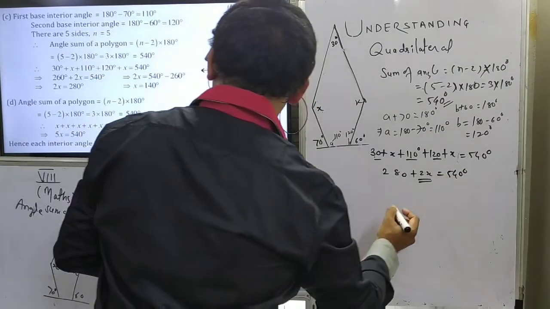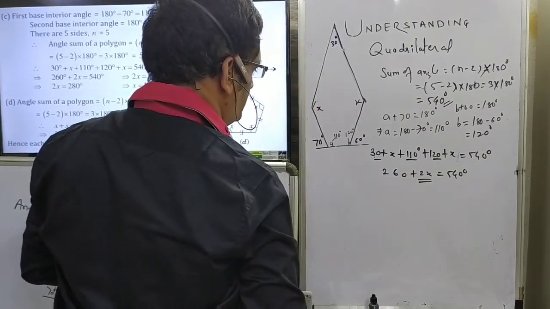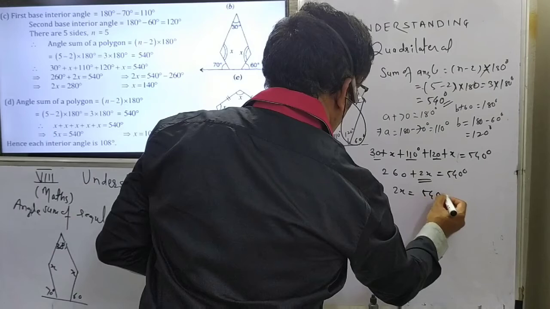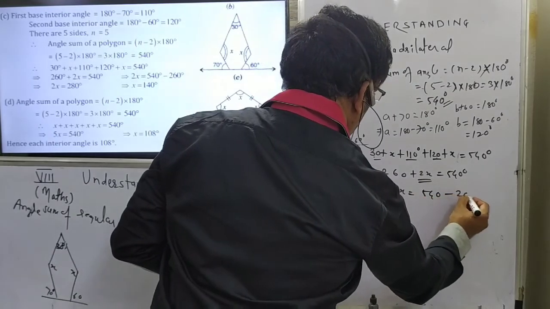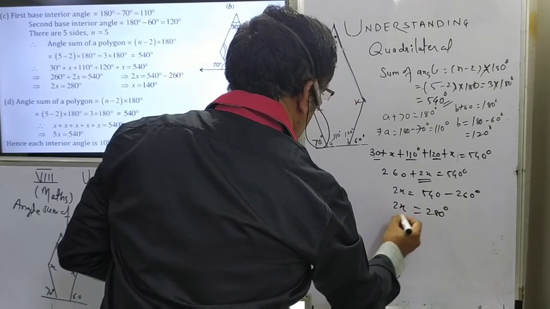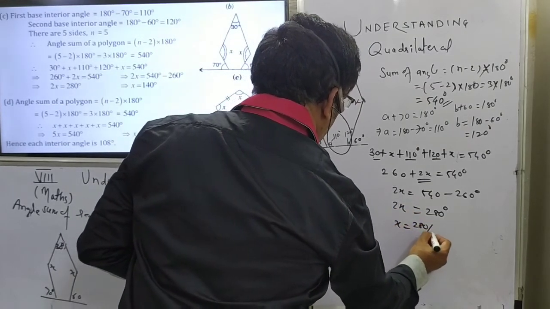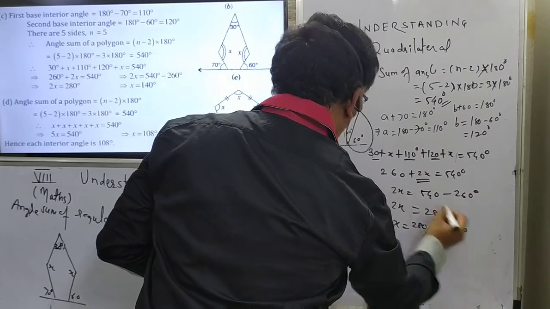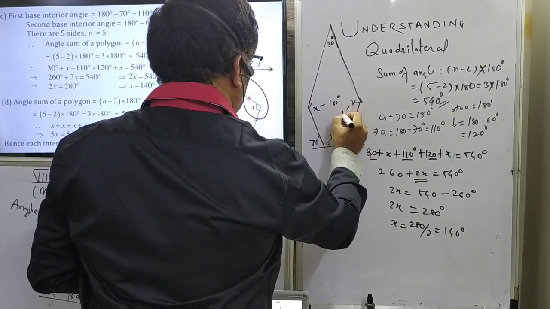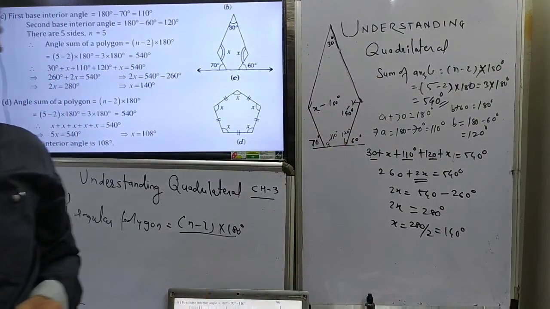It implies the sum of these 3 is 260 degrees, so 2x equals 540 minus 260 degrees, that is equal to 280 degrees. 2x equals 280, which means x equals 280 divided by 2, that is equal to 140 degrees. So this angle is 140 degrees, this angle is 140 degrees, and the sum of all five angles is equal to 540 degrees.